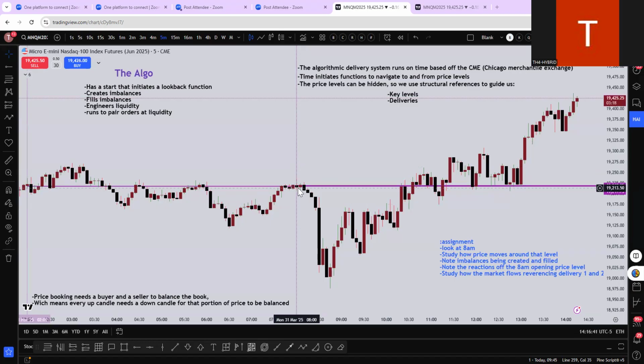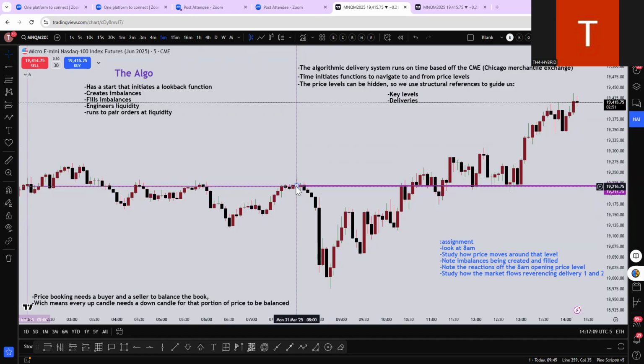So if we're using 8 a.m. CST or UTC-5, we mark a vertical line and a horizontal line on the opening price at 8 a.m. So if this is the start time, and this initiates a look back function in order for it to keep moving forward. So looking back to cast forward.